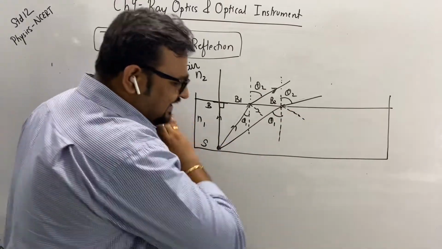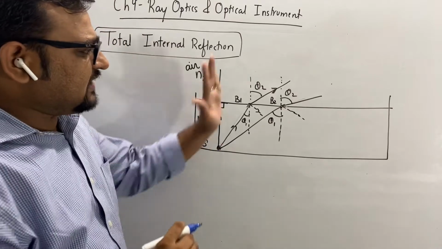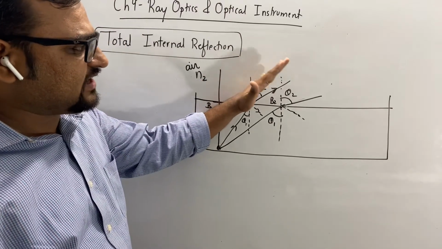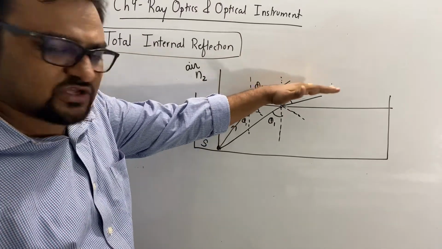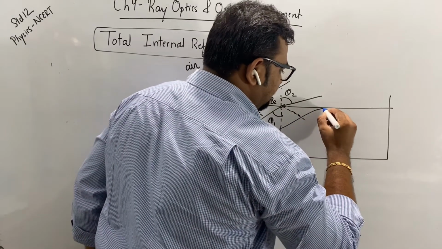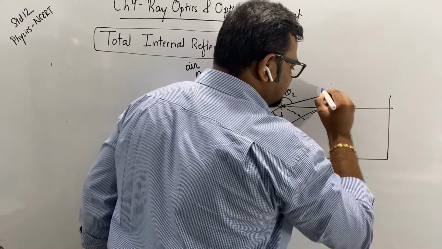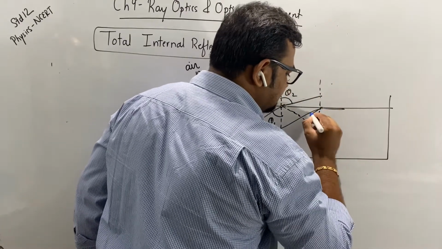Now if I again increase this angle, what will happen? As you move, the refracted ray will bend towards the surface. So at one angle, the refracted ray is on the surface.